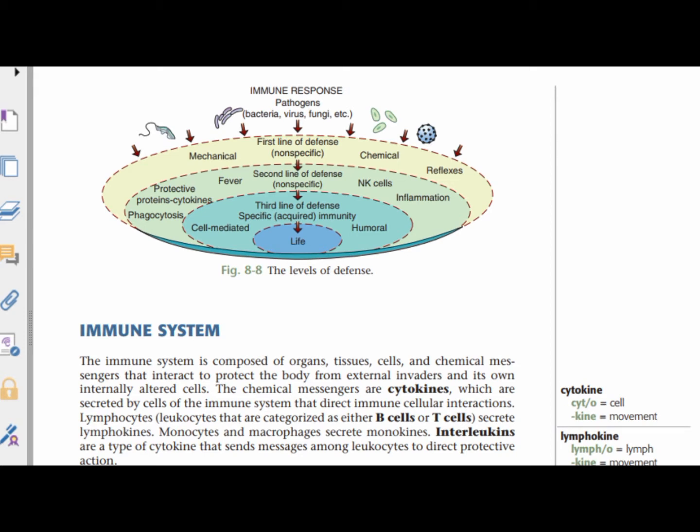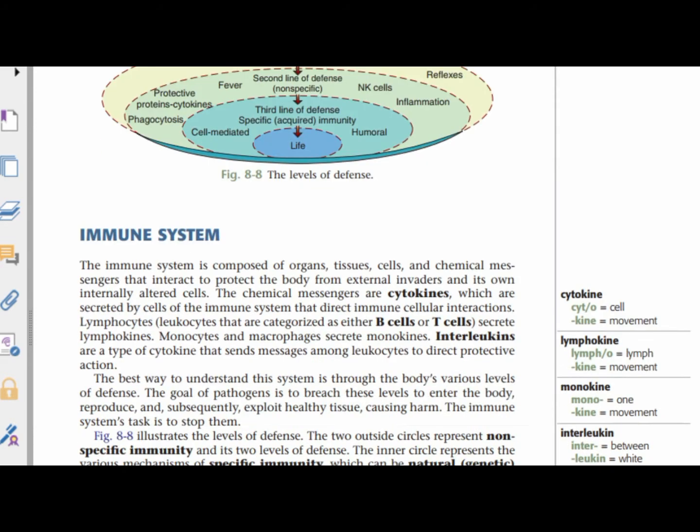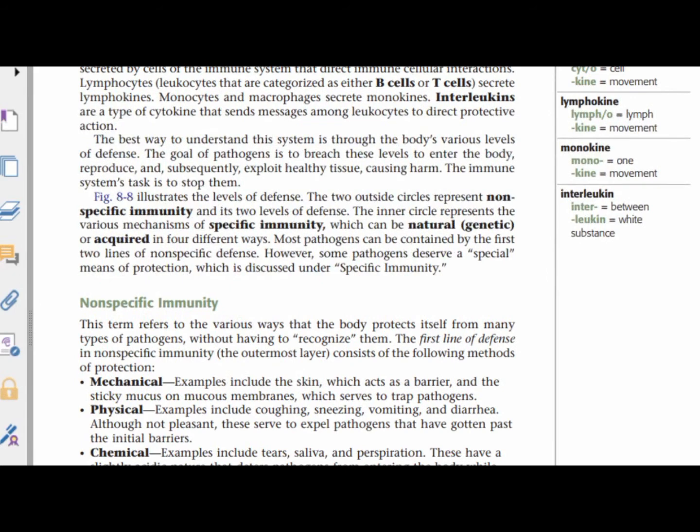These are very specific, targeting the pathogens or disease-causing microorganisms. In that specific, you have your mechanical, physical, and chemical.